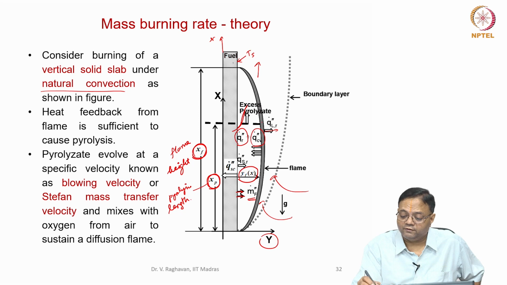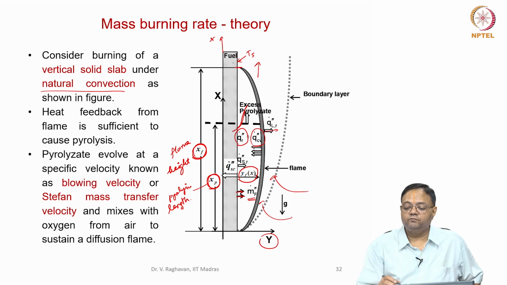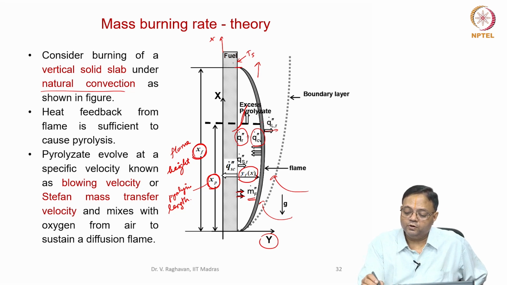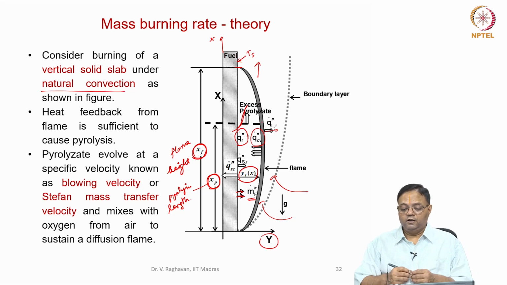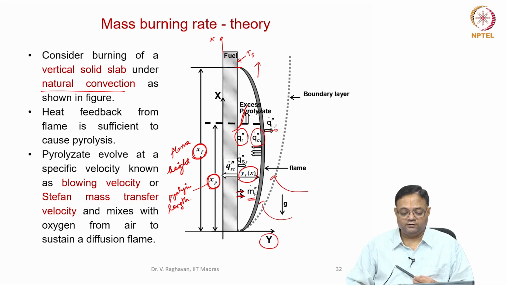So, some of the gases leave away and the flame is formed over this length of xp, and the excess pyrolysis feeds this flame, and the flame is said to end where the excess pyrolysis is consumed. Okay. So, these are the features of the mass transfer. So, based upon this, some simplifications have to be done, then some theoretical analysis can be done.